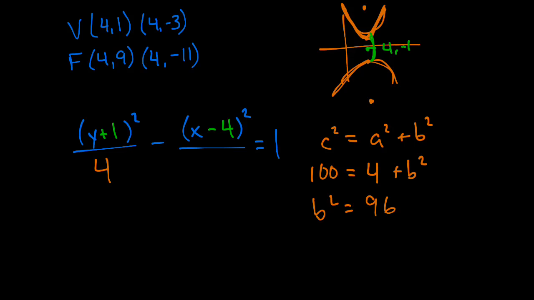So b squared is 96. So that's what will go under x on the other side of that fraction. So it looks like the equation for this hyperbola would be (y plus 1) squared over 4 minus (x minus 4) squared over 96 is equal to 1.